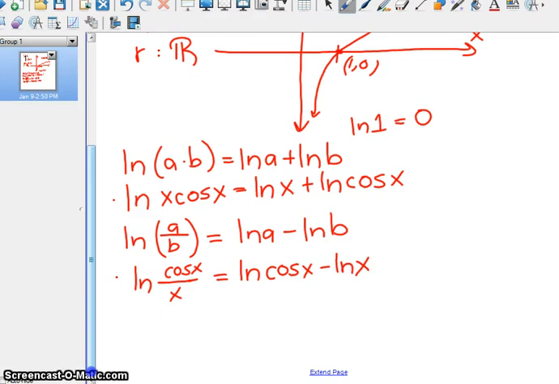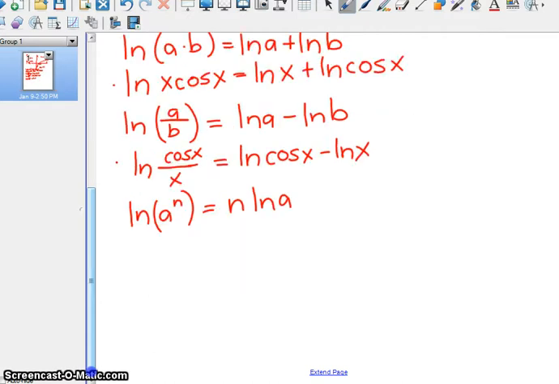Another rule, the last rule we're going to talk about, is if it's natural log of something raised to an exponent, that exponent can be brought down front. Now look, this is just a raised to the n. It's not the natural log raised to a power, and we can bring the exponent down front.